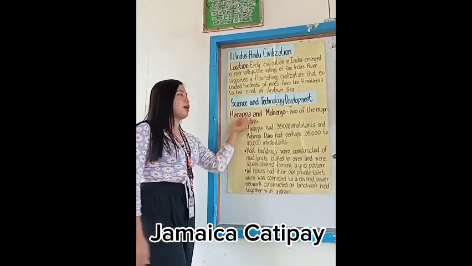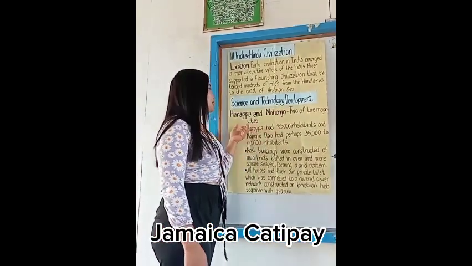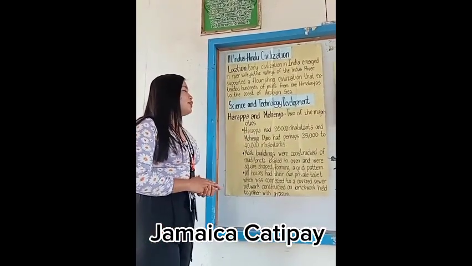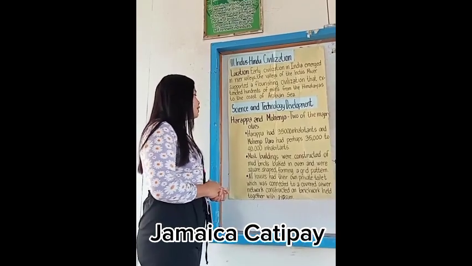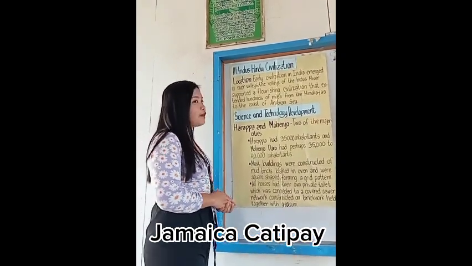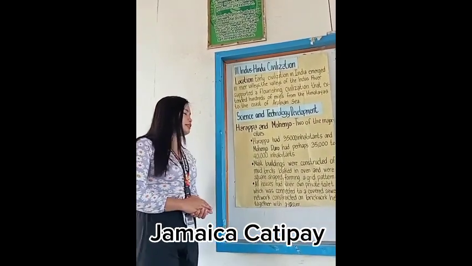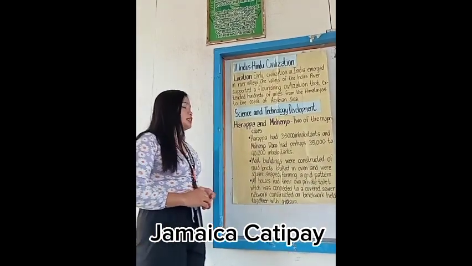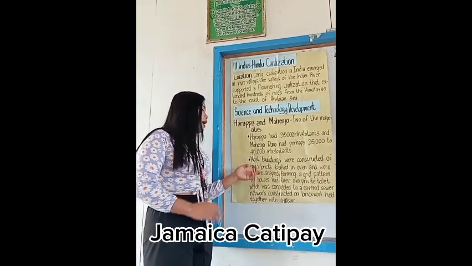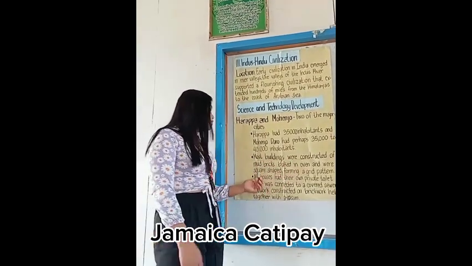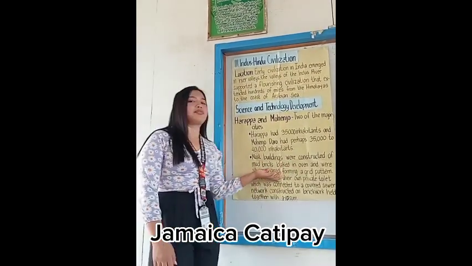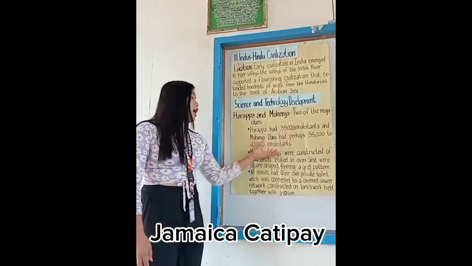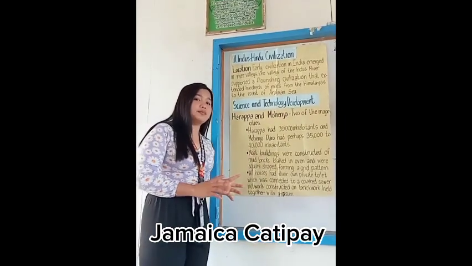So, science and technology development. Harappa and Mohenjo-daro are the two major cities. Harappa had 35,000 inhabitants and Mohenjo-daro had perhaps 35 to 40,000 inhabitants. Most buildings were constructed of mud bricks baked in the oven and were square-shaped, forming a grid pattern.